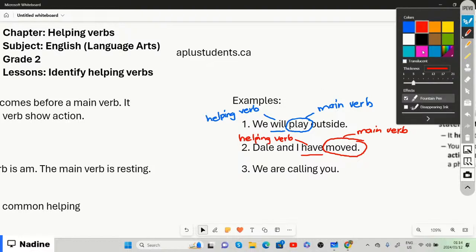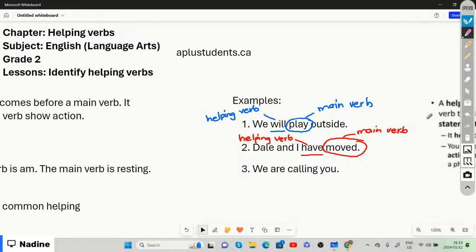And if we look at sentence number 3, we are calling you. If we identify the main verb within the sentence, we will say calling is our main verb.